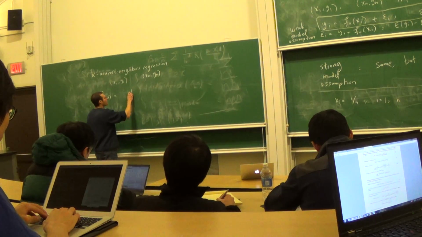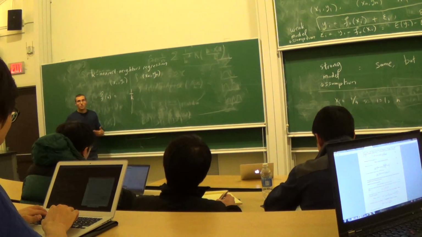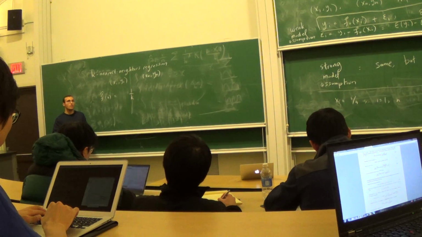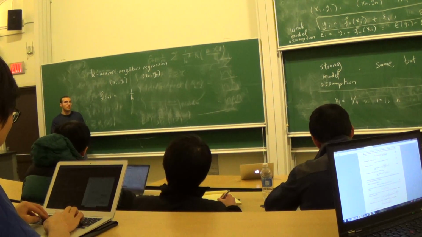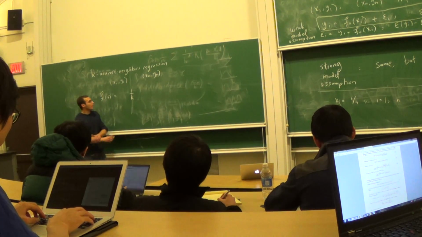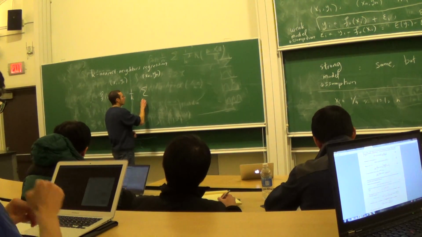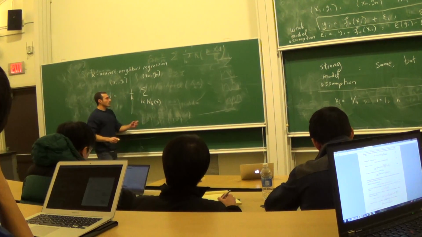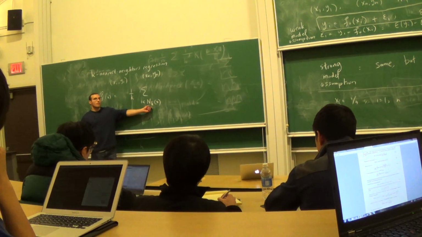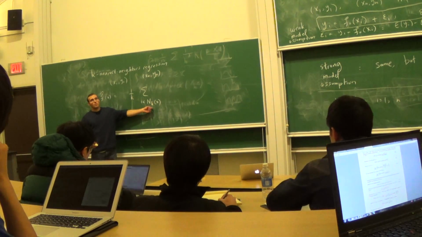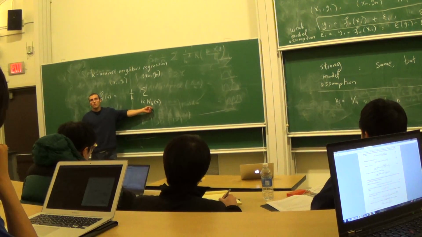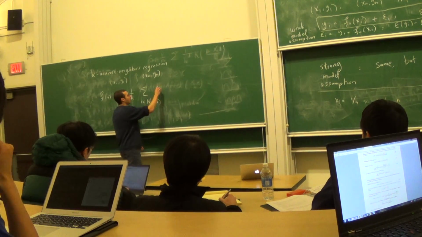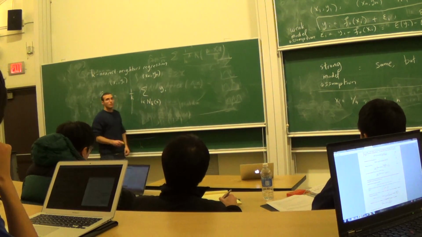For a fixed positive integer k, which is a tuning parameter like the bandwidth was in kernel regression, I'll take an average over the set of indices, 1 through n, that correspond to the k closest points to my input point. I'll take their y_i values and I'll just average them.